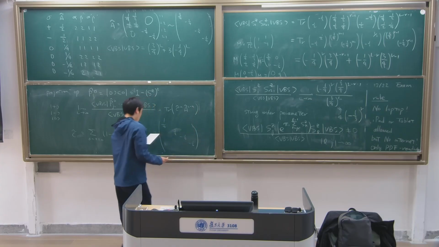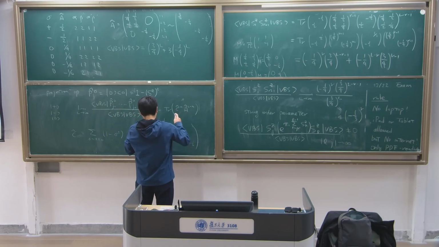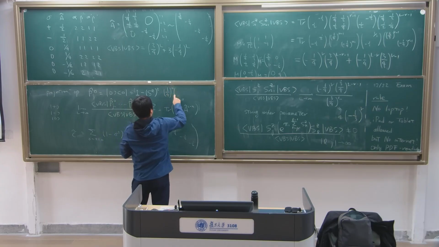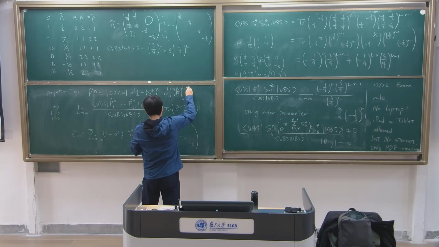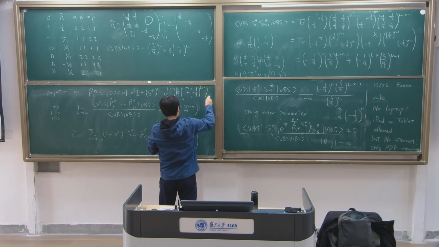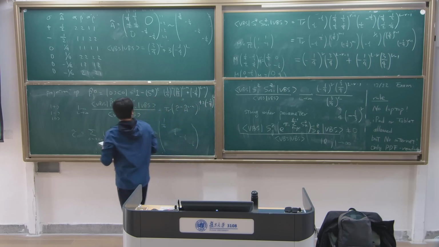And if you compute this one, that is the same computation as before, and this one is equal to 1 over 4 to the n, 3 over 4 to the L minus n, minus 1 over 4 to the L minus n, plus 3 times minus 4 to the n, plus L, like this.